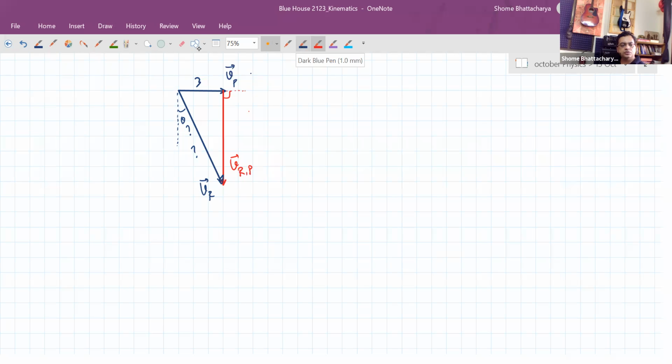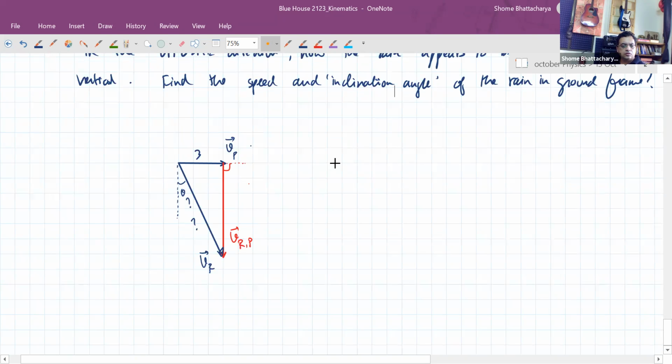Now in the second situation, the person reverses their velocity. Now this is the velocity of the person. Also cuts it down from 3 to 1. So this is a new velocity, let's say with prime.